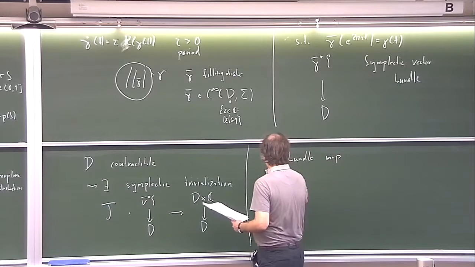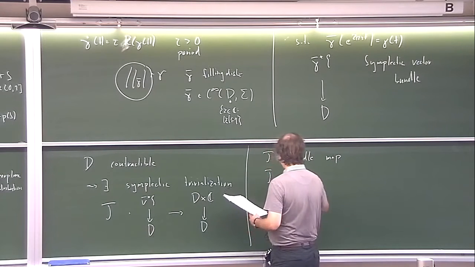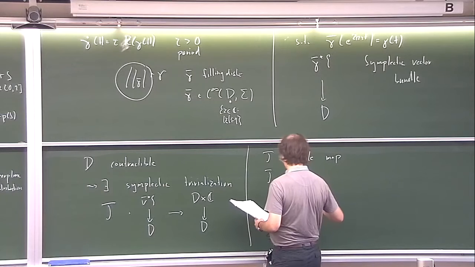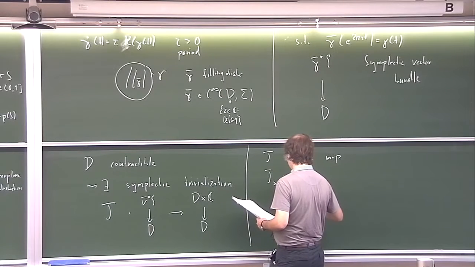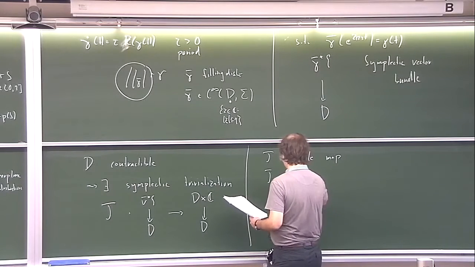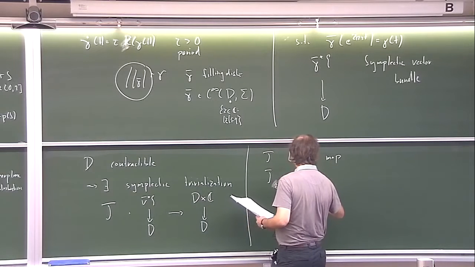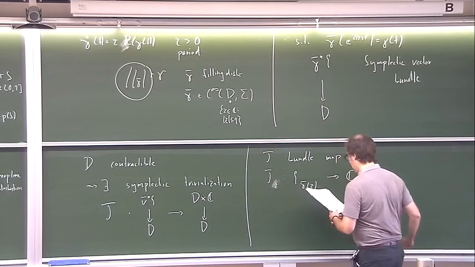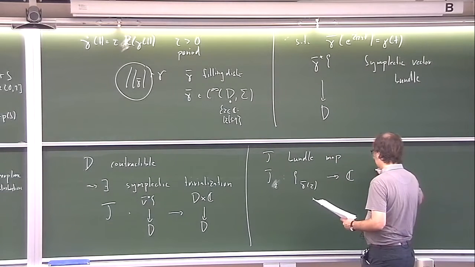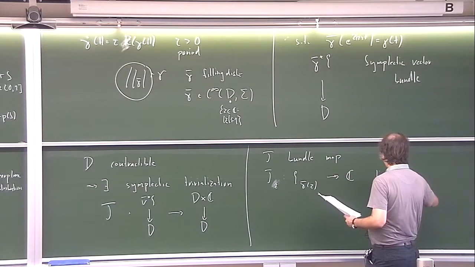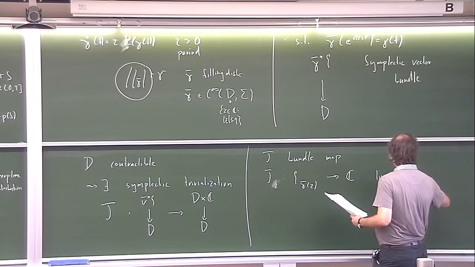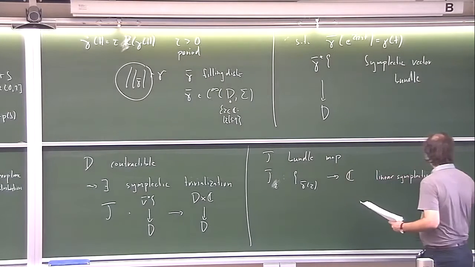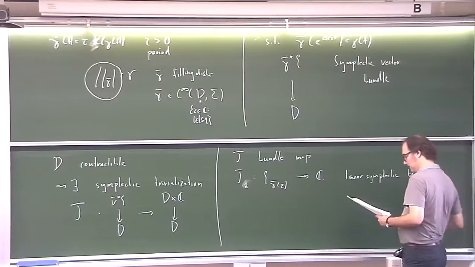So that tau z from gamma bar z to C is linear symplectic for all z in D.